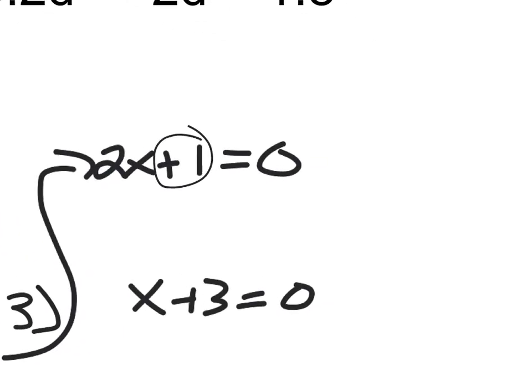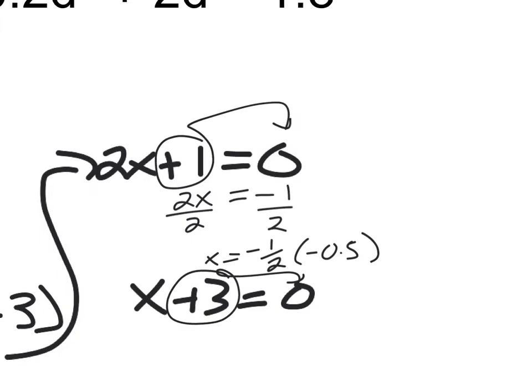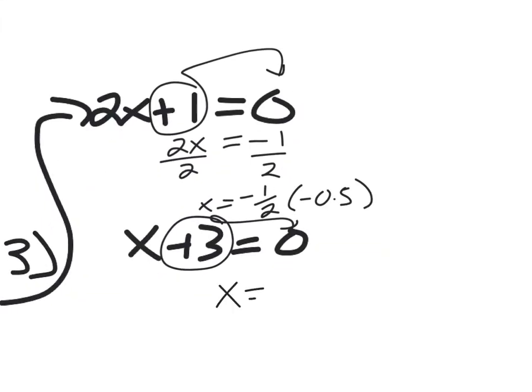We'll take that positive 1 and bring it over, and then divide by 2. So one of my x-intercepts is at -1/2 or negative 0.5. And the next x-intercept, take the 3 and bring it over, is at negative 3.